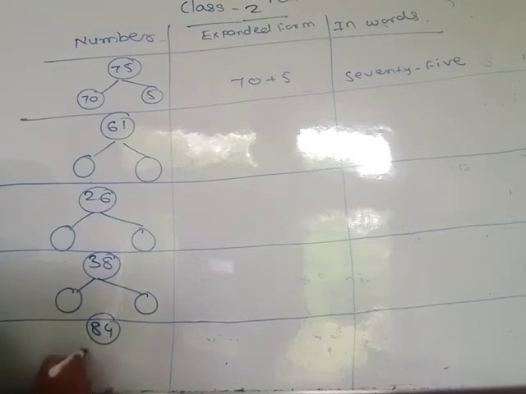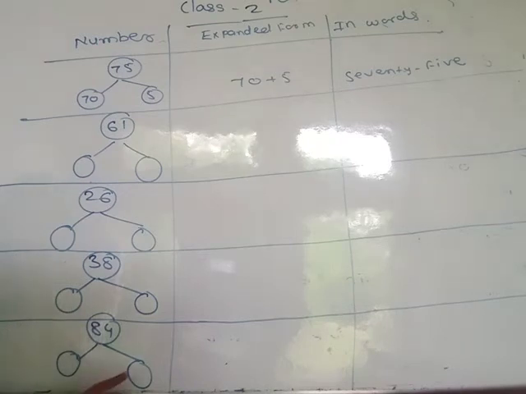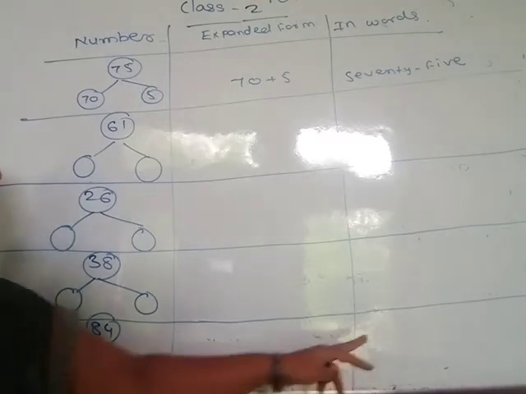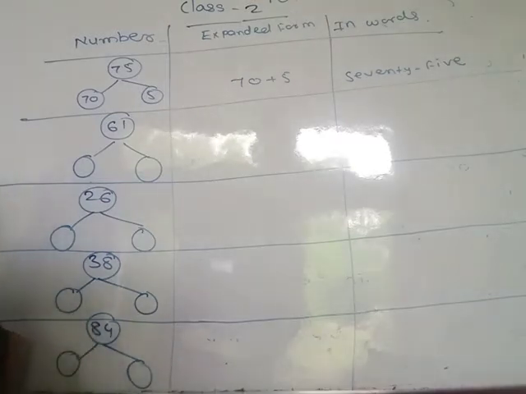Here write in tens place 80. Then in unit place you write 4. Then in expanded form you write 80 plus 4, and here write the spelling: firstly 80 and afterwards 4. 80 plus 4, 84.